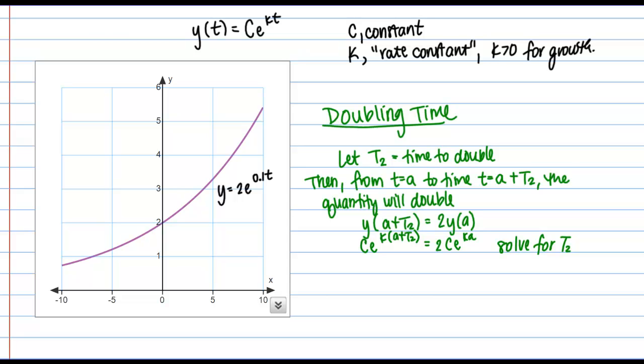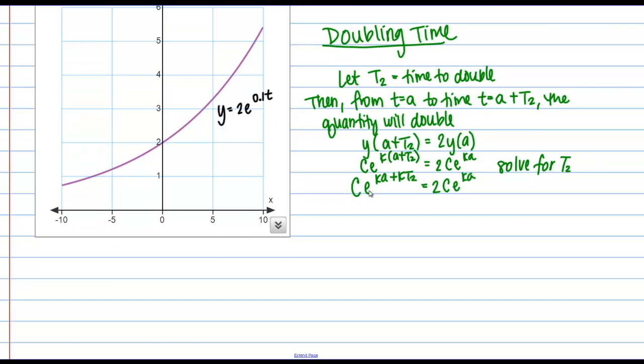Well, on the left, I could write this as c e, and then in my exponent, distribute the k and have ka plus k t2. And that's going to equal 2c e to the ka. Now, the properties of exponents say on the left that I can split this up, so I could write this as c e to the ka times e to the k t2.